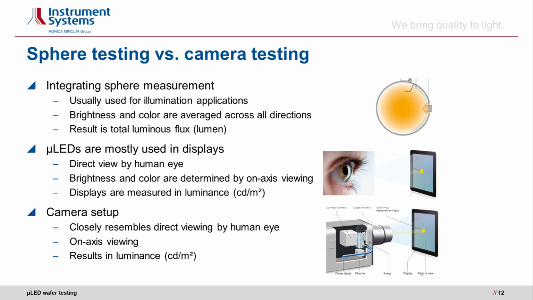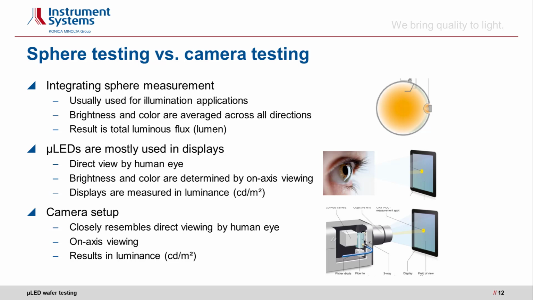We have talked about sphere testing so far and camera testing. Another question comes up: how do you compare these two testing methods? First of all, the sphere measurement is the standard testing of LEDs and even bigger luminaires.